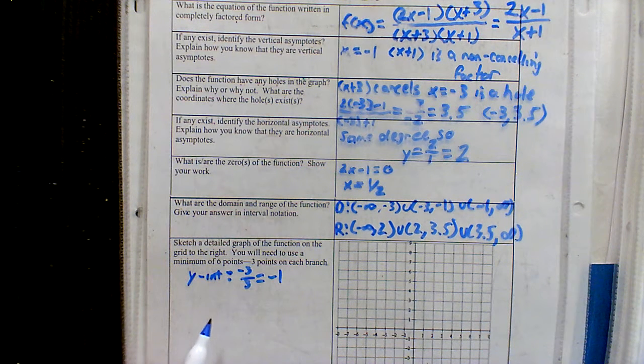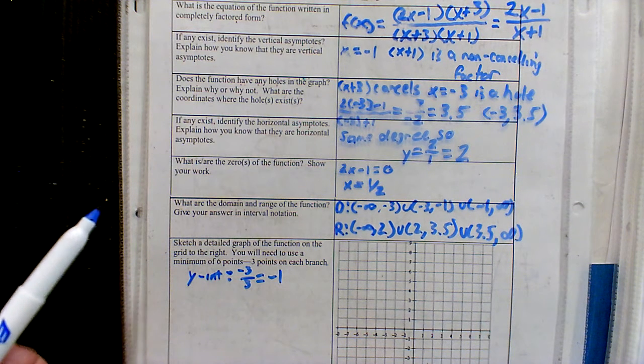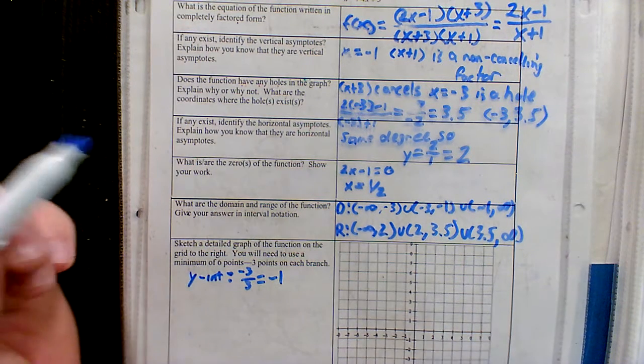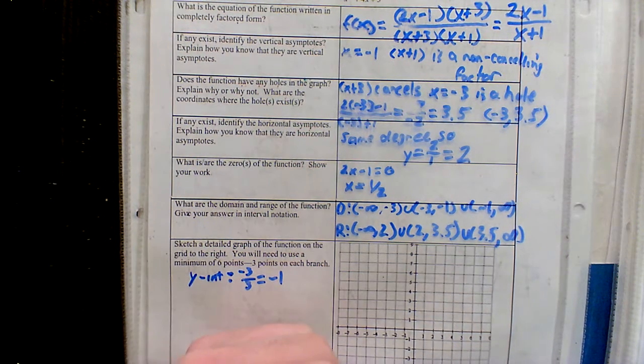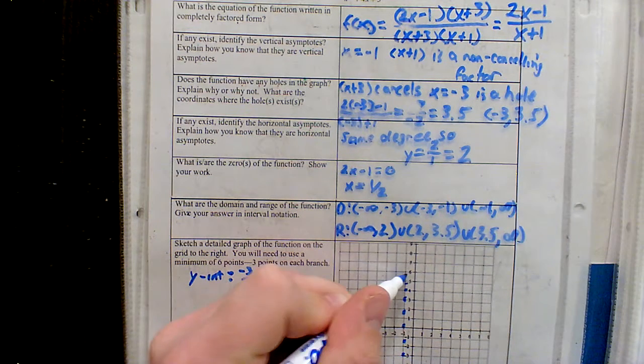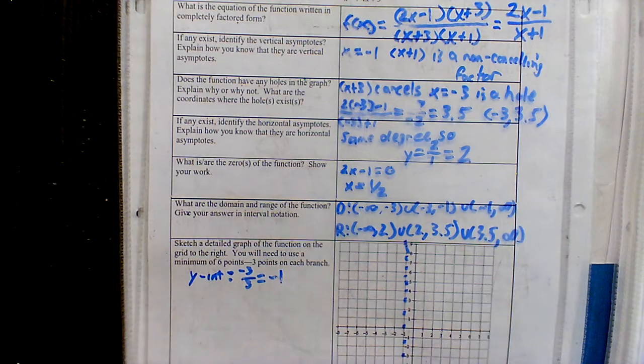Before we actually start graphing the function, let's take care of any information from up above that may be important. So we talked about vertical asymptotes. We found at x equals -1, there's a vertical asymptote. Make your asymptotes dotted lines so you don't confuse them with your function. So at -1, we should have the vertical asymptote.